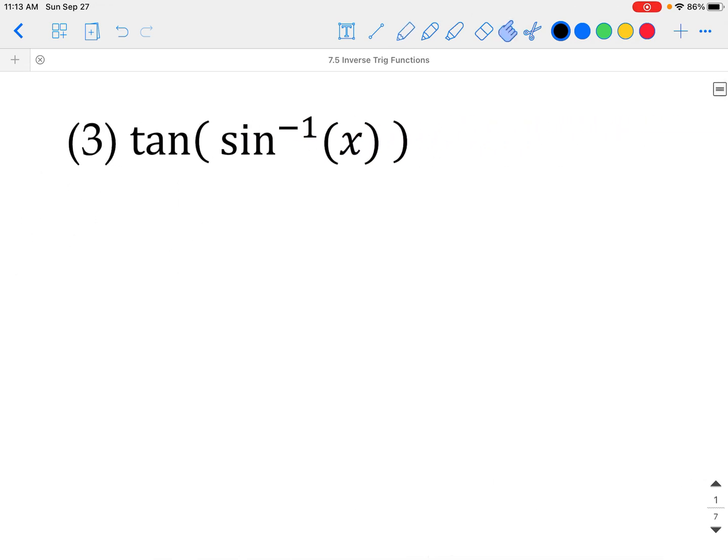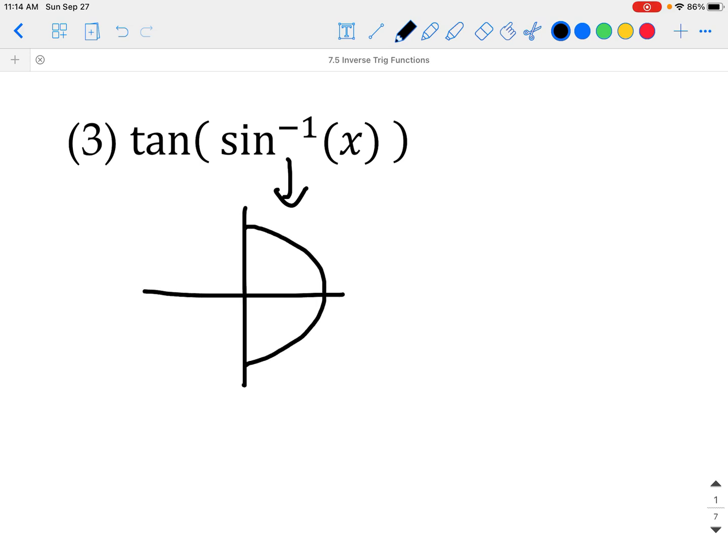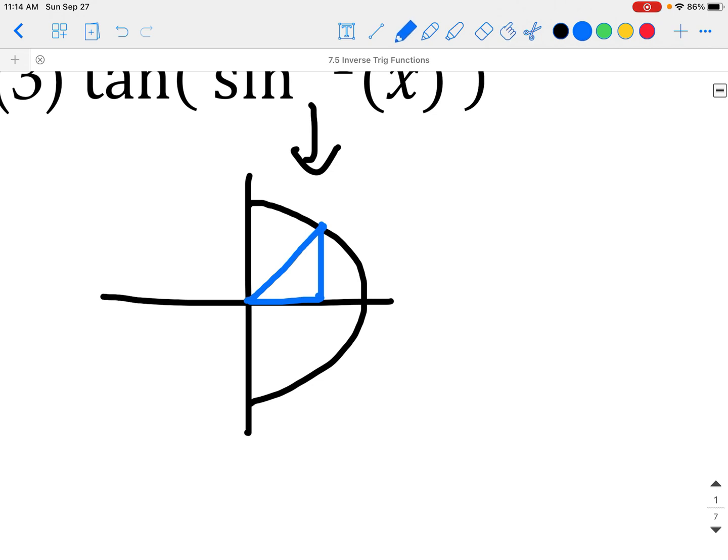And finally, number 3, kind of the most important example, is where we have this variable expression. Sine inverse of x is saying, on our sine function, where is the location where we get x for the y coordinate? So if I draw my little right triangle here, zoom in a bit, again we'll get x as the vertical.